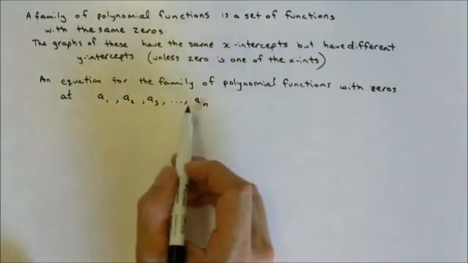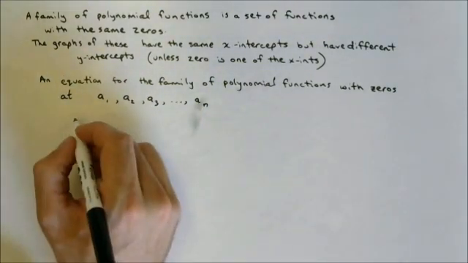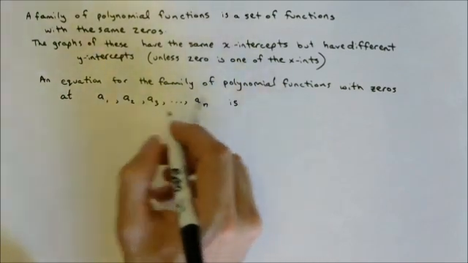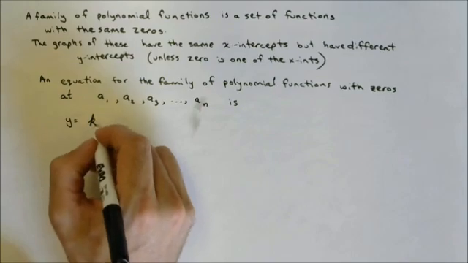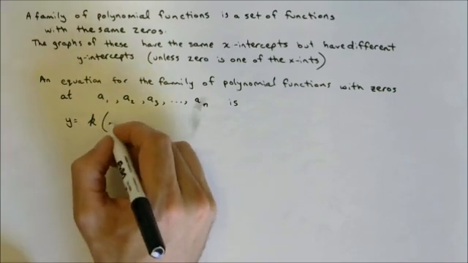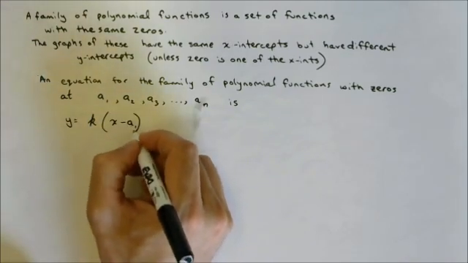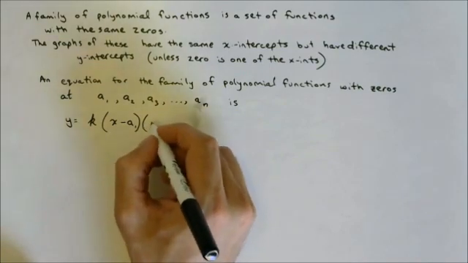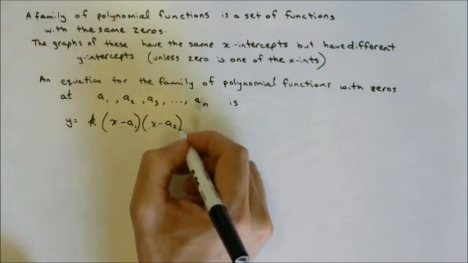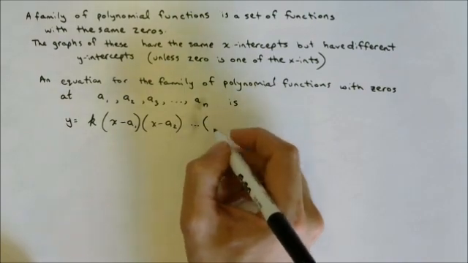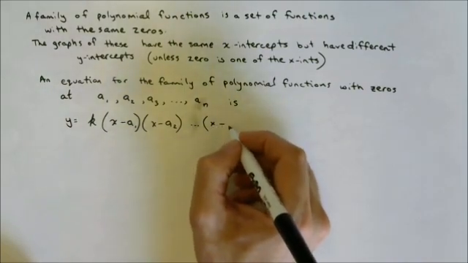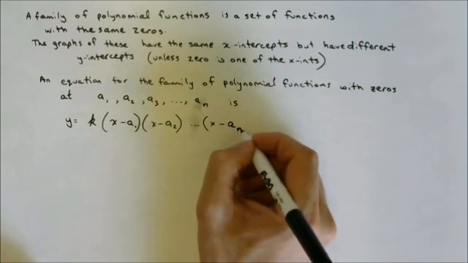So an equation with zeros of this, and I'll write it on the next line, y equals k times (x minus a1)(x minus a2), on and on, till you get down to the last factor.